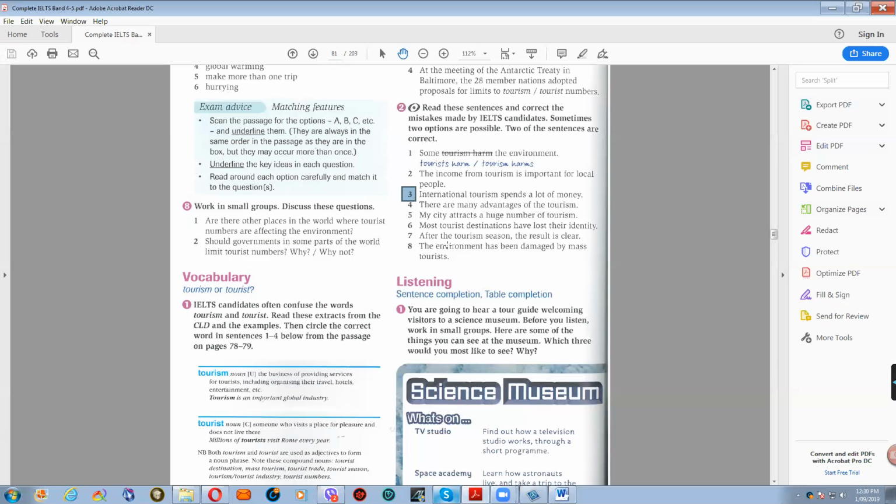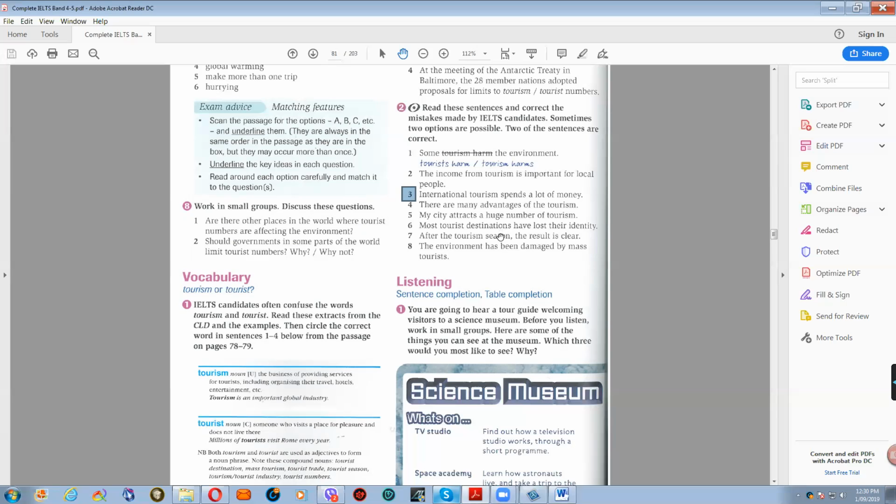Number 4. There are many advantages of the tourism. No. There's a preposition there that shouldn't be. The advantages of tourism. Oh, okay.